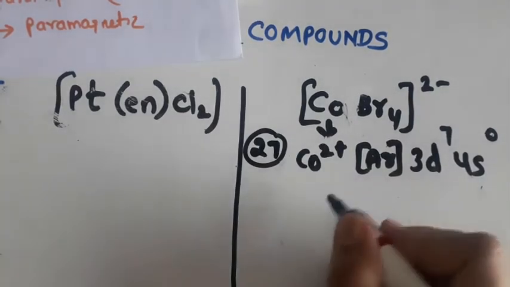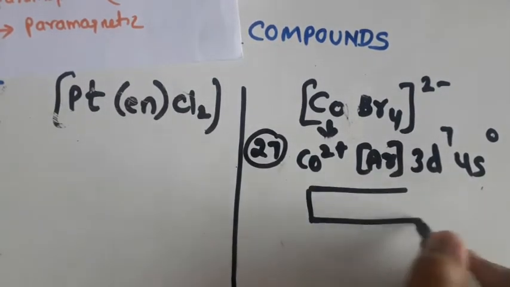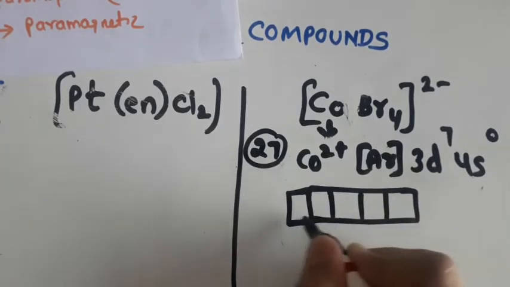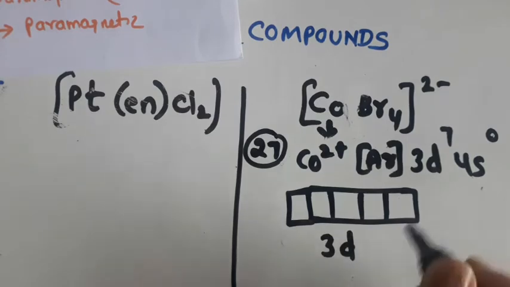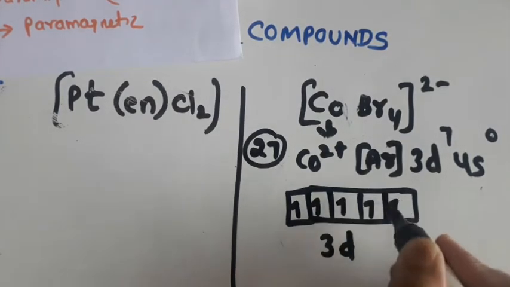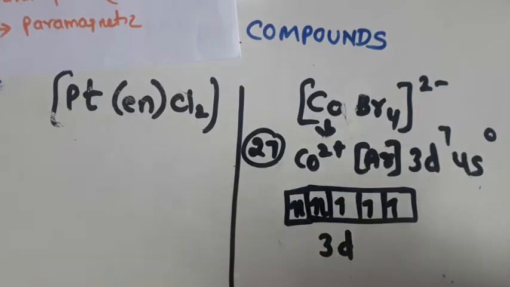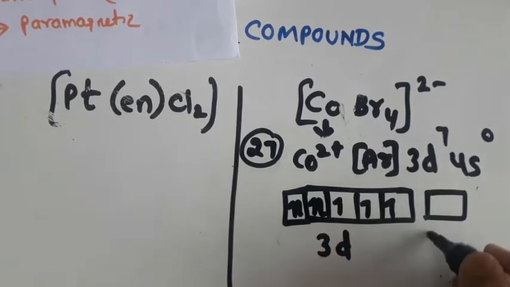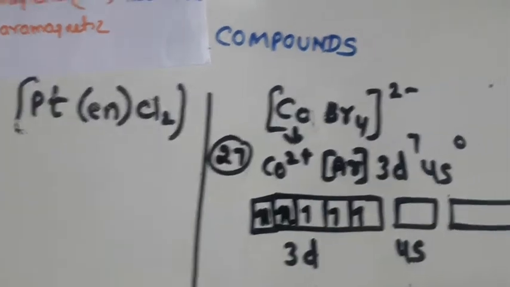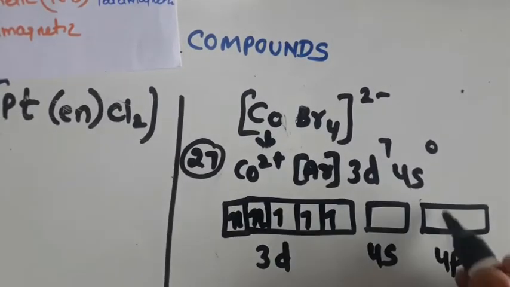So if it is 3d7 4s0, for 3d I'll write here 1 2 3 4 5 6 and 7. And we have here 4s, and we all know that we have 4p after 4s.